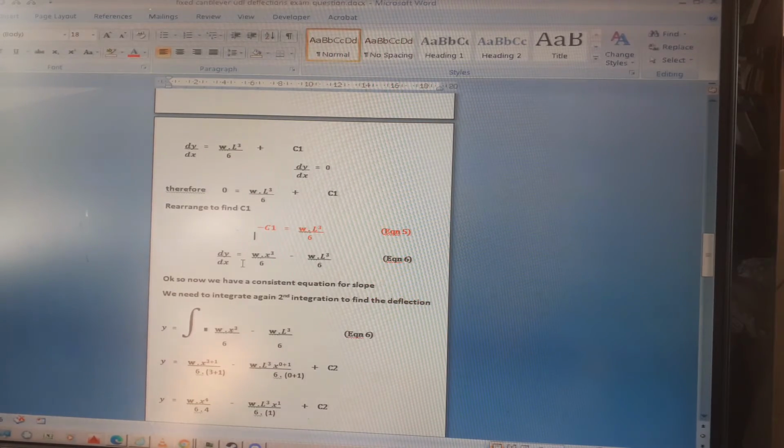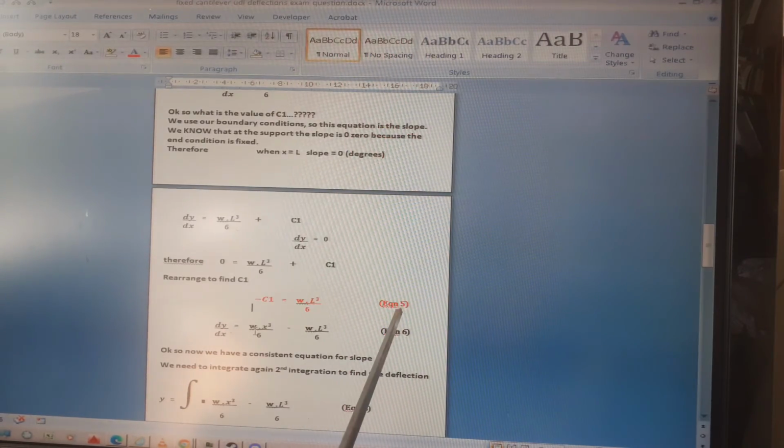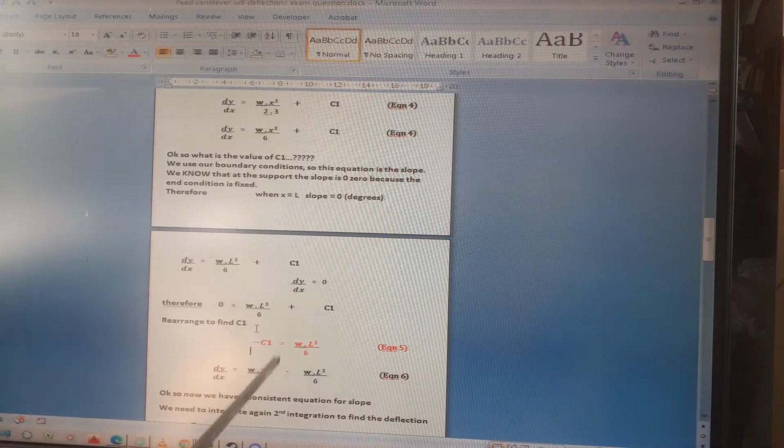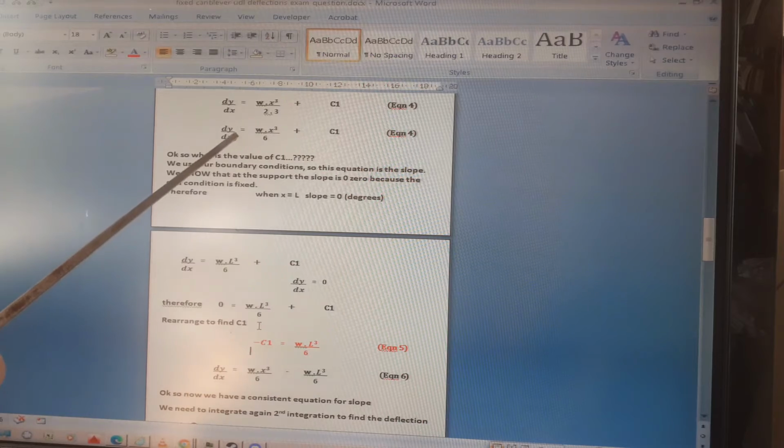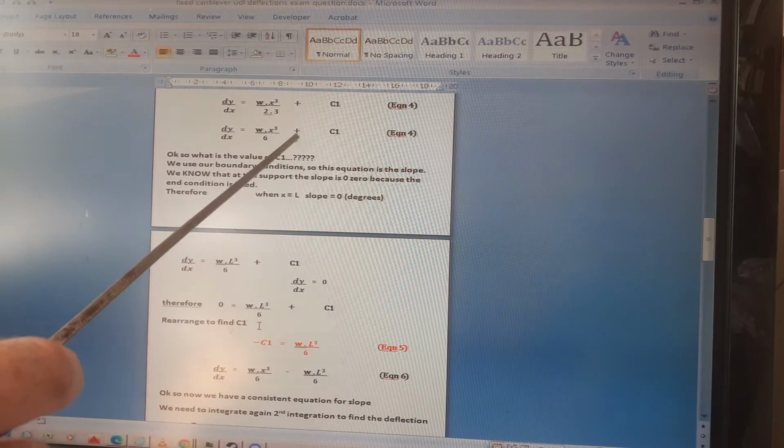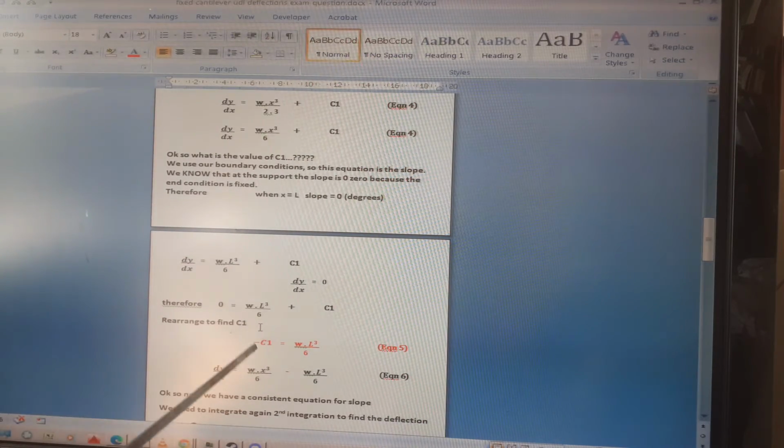dy over dx equals wx cubed divided by 6 minus, so now we've got to put equation 5 back into equation 4. Equation 4 again was dy over dx equals wx cubed divided by 6 plus c1. Now we've got minus c1 is wL cubed over 6.